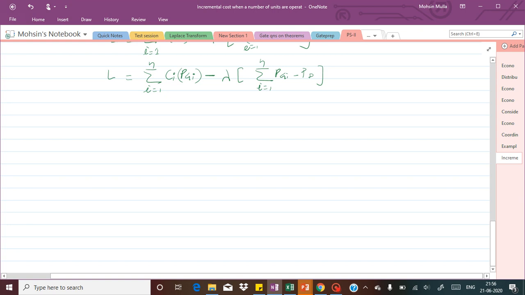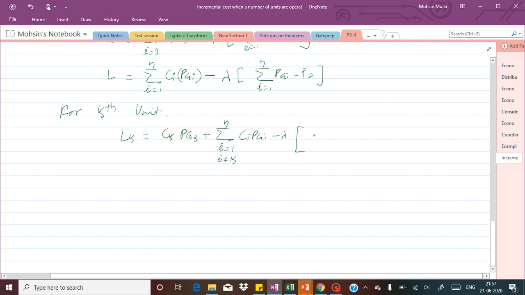Similarly, we can try to obtain this function for a particular unit, say the kth unit. Lk can be written, and for the kth unit the cost will be Ck Pgk, plus the remaining units, I equal to 1 to n where I is not equal to k, Ci Pgi, and the remaining term will also follow the same summation.